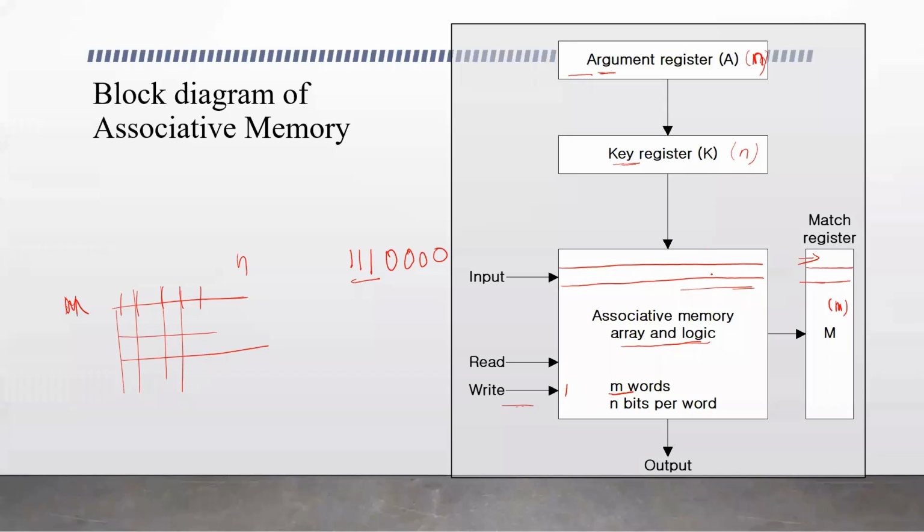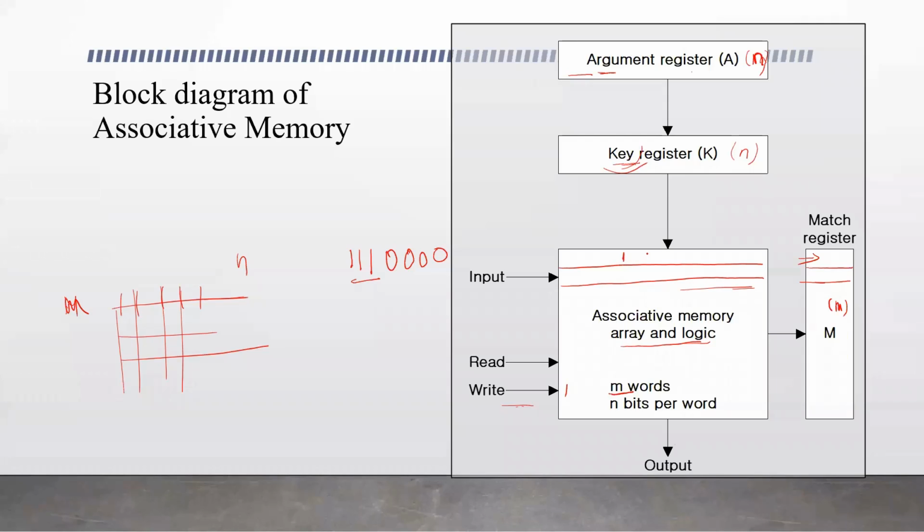When the content of this argument register is compared with each word in the associative memory, first the content of the argument register is compared with the first word in memory. This is done using the key bits: where the particular bits are 1, those bits are compared with the corresponding bits in word 1.